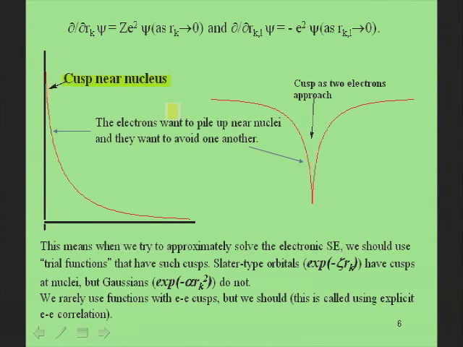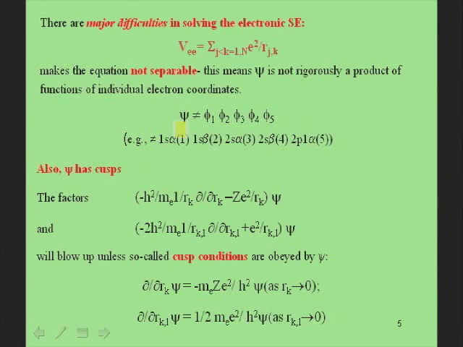There's also another kind of cusp condition. If you look at the terms that involve the electron-electron interaction, e squared over the distance between electron K and electron L, there's also a term in the kinetic energy that can be written as the relative motion of the two electrons relative to one another that has a term again that's 1 over r KL, just like this electron-nuclear term. That gives rise to another kind of cusp condition called the electron-electron cusp condition.